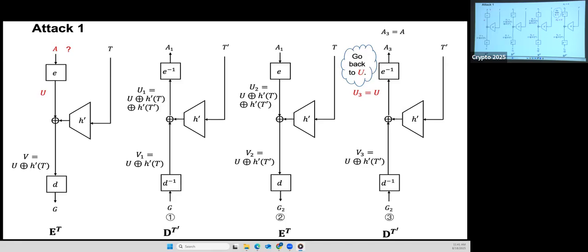Attack 1 applies to any scheme that follows the XCB structure, including all versions of XCB. So for single block messages, they are not secure due to the insecurity of LRW1. Very interestingly, although many papers note that LRW1 lacks CCA security, no concrete attack was ever published. Perhaps it was considered too simple to mention. This is attack 1.